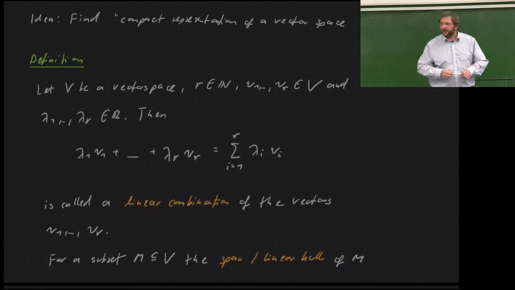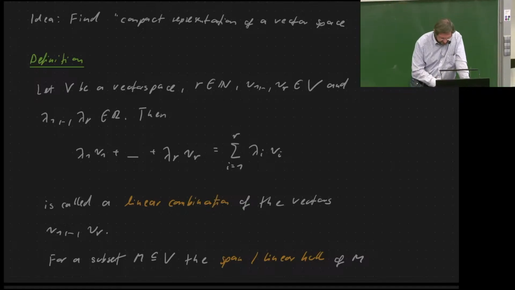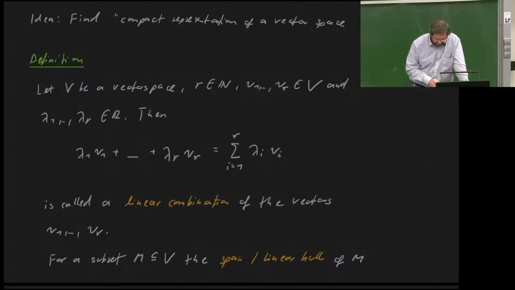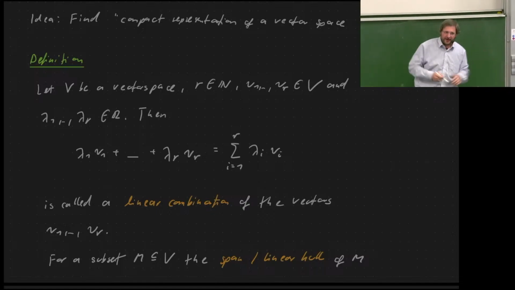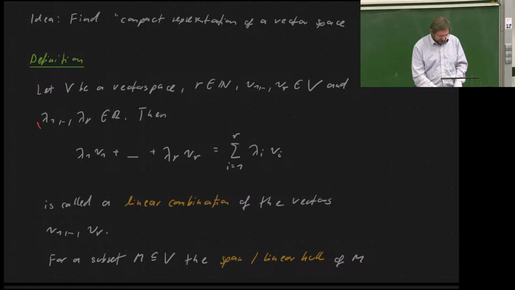The basic idea of a linear combination is pretty simple. You have a vector space, or it could be a subspace. You have a couple of vectors, finitely many. Well, this R to the n basically says take finitely many, any number you want. And for each vector, you have a scalar.